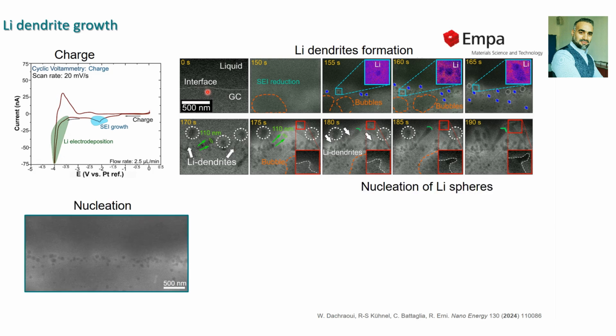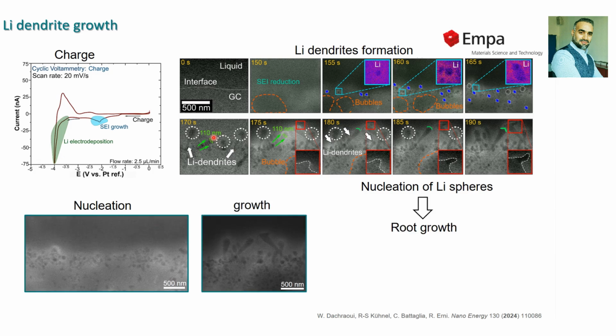The growth initiates with the nucleation of lithium clusters first, as you can see here, and after that nanoparticles of lithium grow. These nanoparticles grow in size, and then we have a phase of lithium dendrite formation where the lithium deposits beneath the nanoparticles, pushing them away from the anode to the electrolyte.